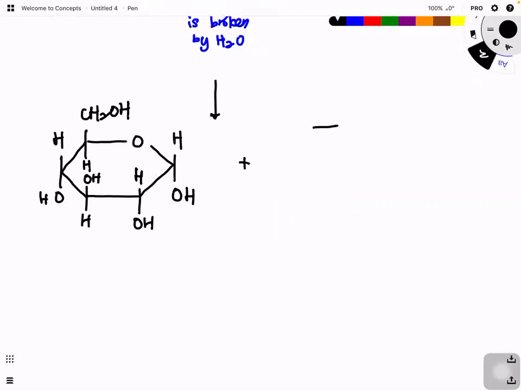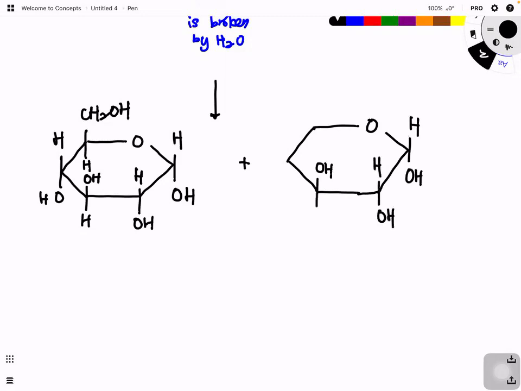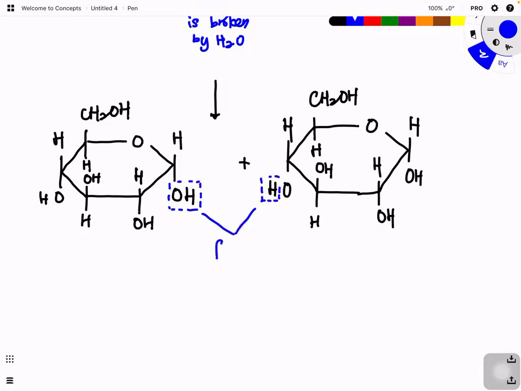And another molecule. I will tell you why we need to draw 2 times. In fact, they are the same thing. Then I will do this, from H2O.